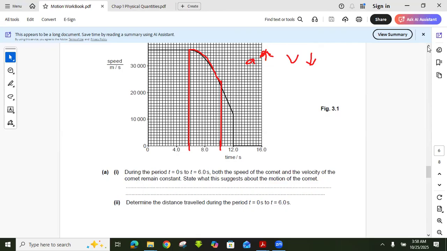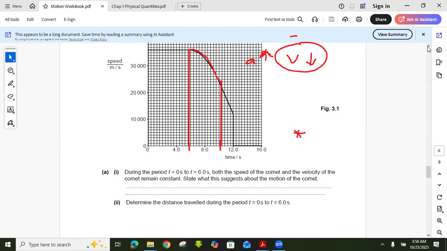Velocity decreases, acceleration increases, but in the negative direction. So what you are saying, there is a deceleration. Deceleration increases, velocity decreases. Exactly.